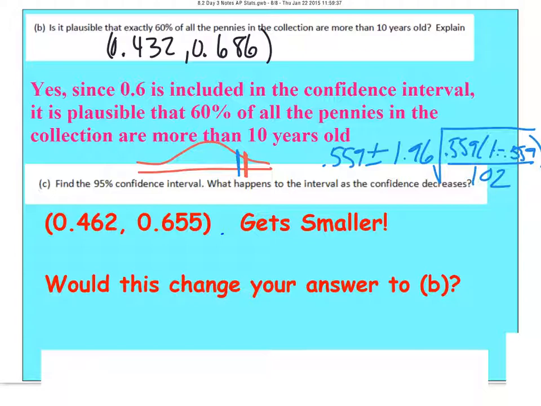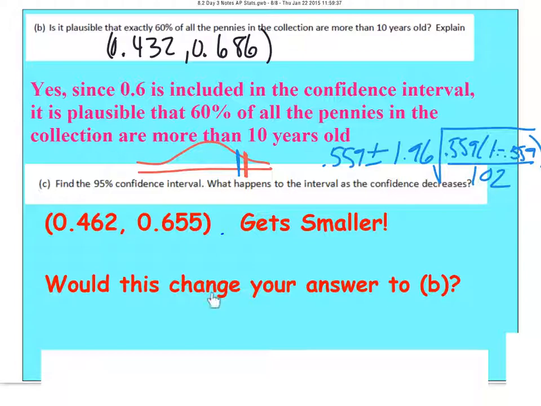This used to be at 43%, now it went to 46. It used to go up to over 68, now it's only going up to 65. So it gets smaller. As we are less confident in our interval, the range gets smaller, because we're less confident that we have the true population proportion in here.